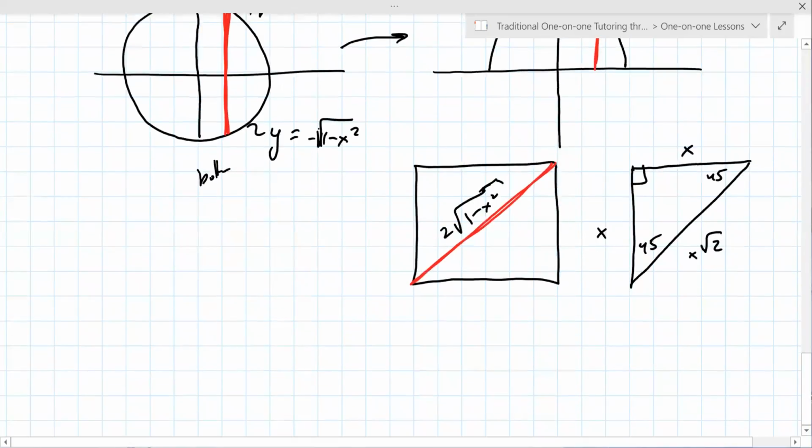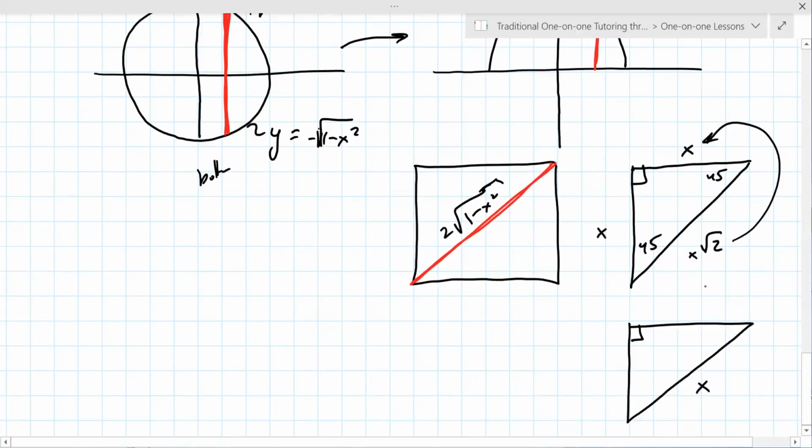And what that means is to go backwards to a side length. The reason we want the side length is we want the area. If this is the hypotenuse, it's x divided by the square root of 2. So basically the side length here, s, equals 2 square root of 1 minus x squared, divided by the square root of 2.